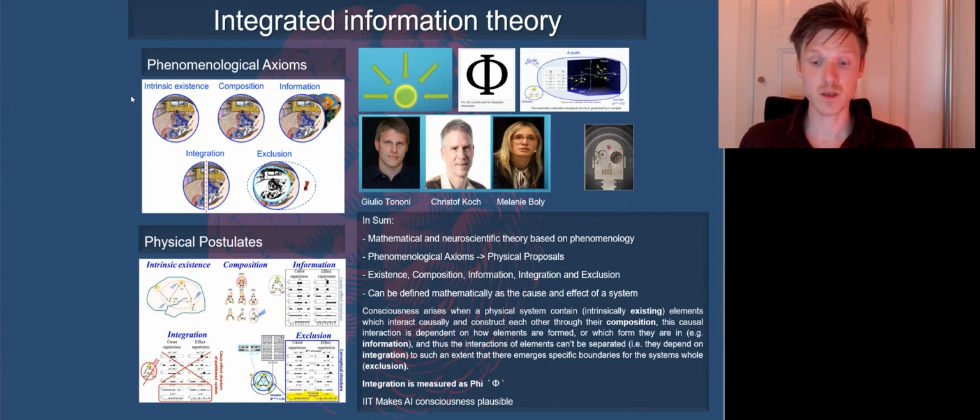And the components of existence, composition, information, integration, and exclusion can be defined mathematically as the cause and effect of the system. And in a one-liner, it is a physical system that contains intrinsically existing elements which interact, constituting each other through their composition.